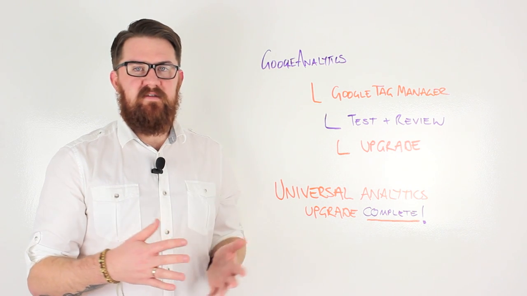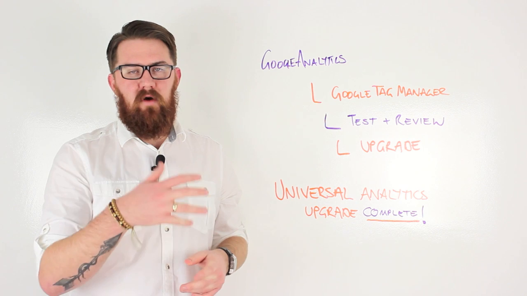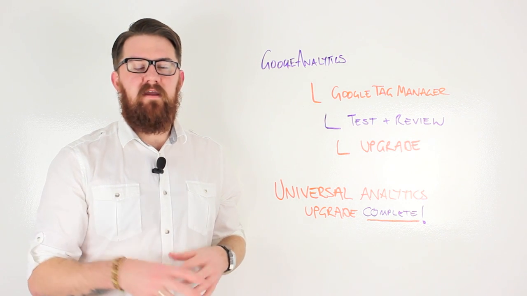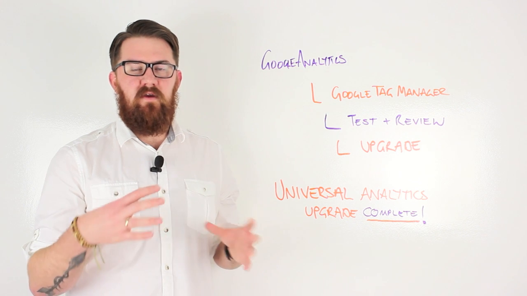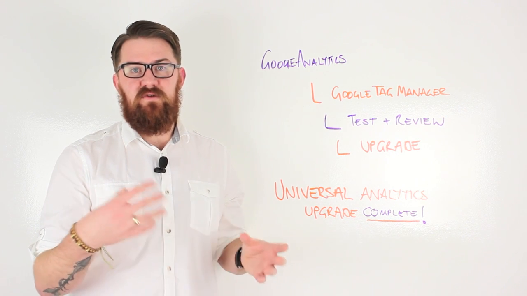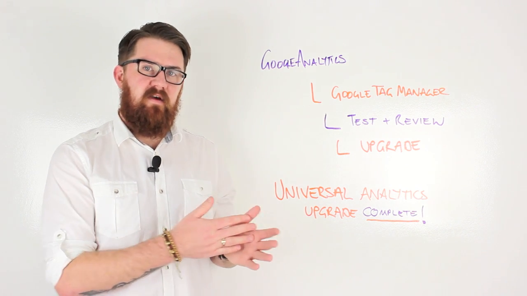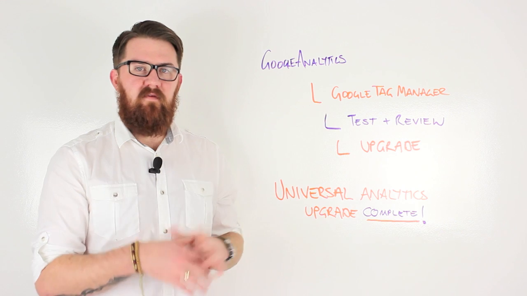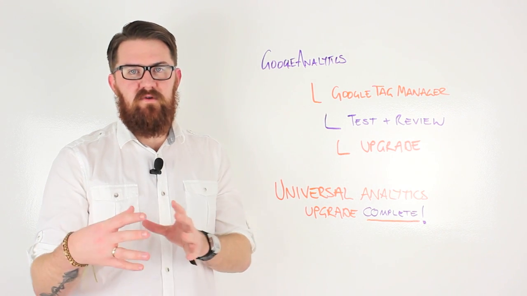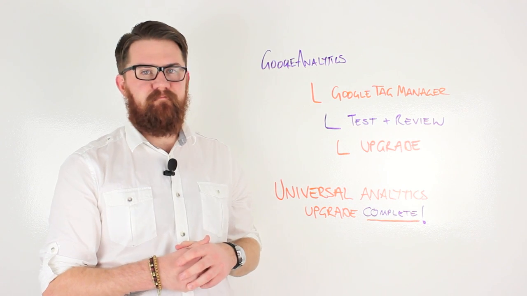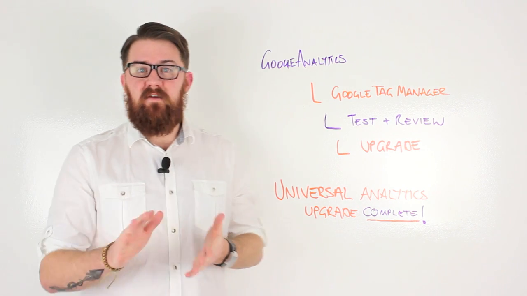So that's the aim of this, is ultimately to put a process in place whereby you make sure that Universal Analytics tracks the data as you were expecting, so that you have a seamless transition from classical tracking to Universal Analytics tracking.